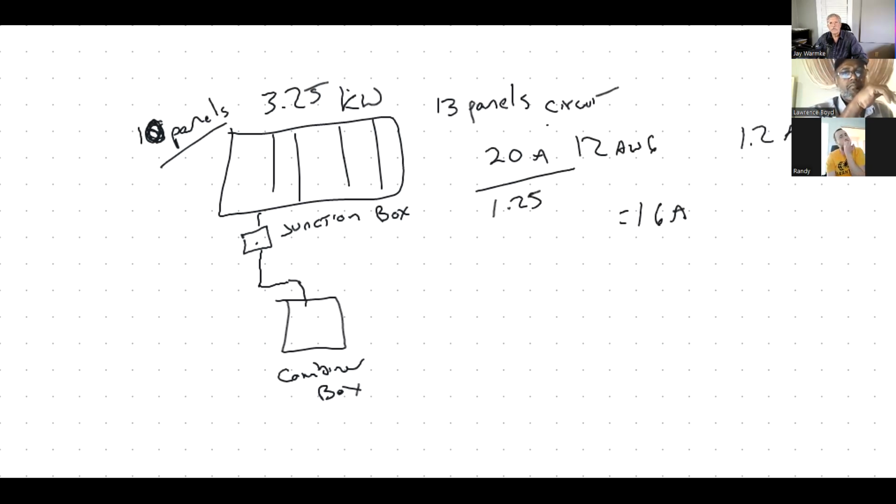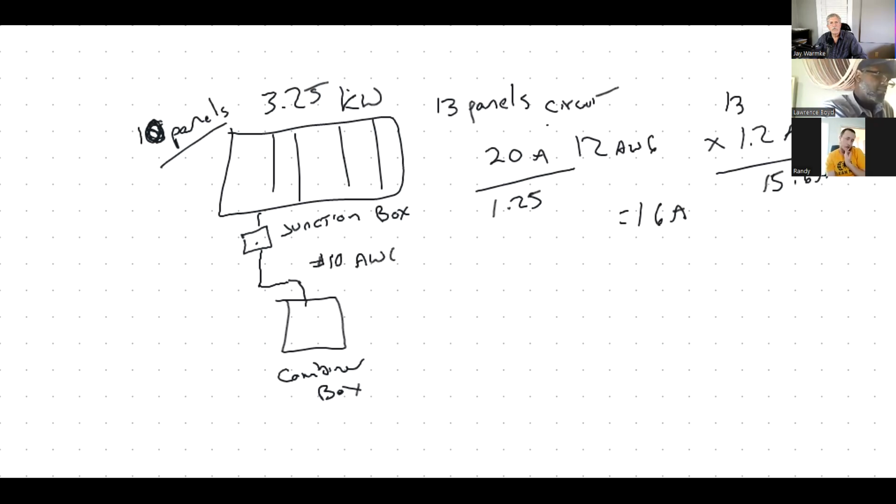So it just turns out that 13 of them times 1.2 gets us up to that 16 amp limit. It's 15.6 amps. So that's why you're limited to 13 in a string. It's because of the size of the proprietary cable. So in theory, we could probably continue on with 12 gauge cable, but my recommendation to you is to never use anything less than 10 gauge.